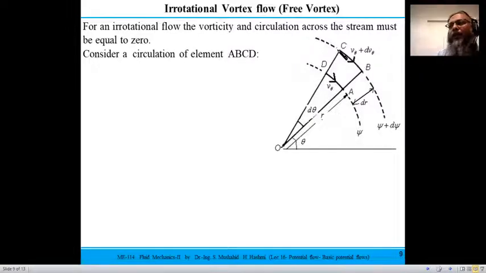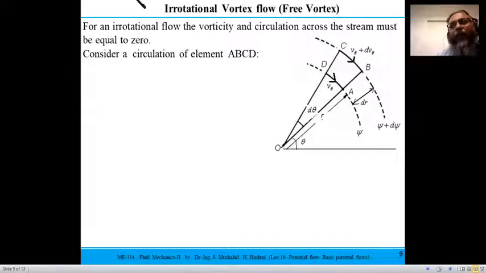You just take a closed path A, B, C, D, and your velocity is in the tangential direction. If you travel a certain distance dr in the radial direction, your velocity would be v theta plus some change in that velocity as you move in the radial direction.